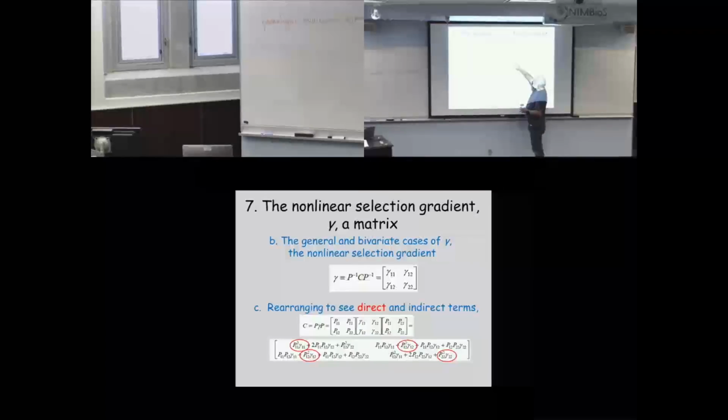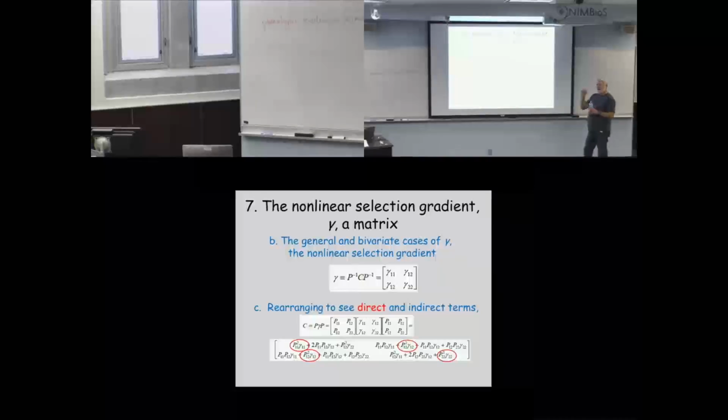And that yields us a set of values called gamma, a matrix of gamma values that are coefficients for the direct effects of selection on the variances and the covariances of the traits. These are the nonlinear selection gradients. They're analogous to the linear selection gradients, which describe direct effects on means. I'm speeding up here a little bit.